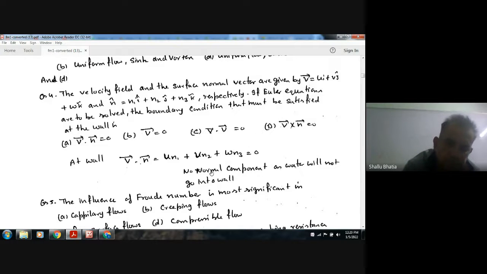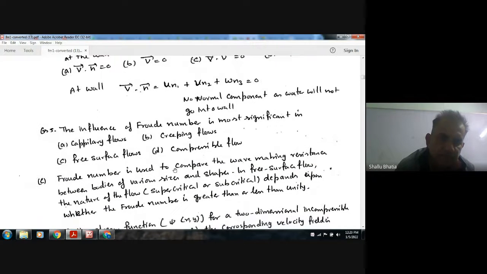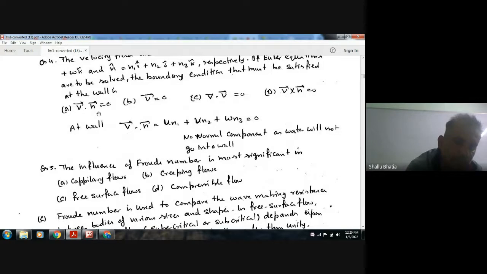This is the required condition that will allow the flow along the wall, not normal to the wall. So the answer is V dot N equals 0, because the dot product is the magnitude of V into the magnitude of N into cos theta, and cos 90 is 0.